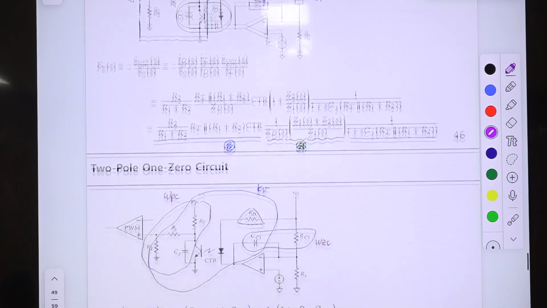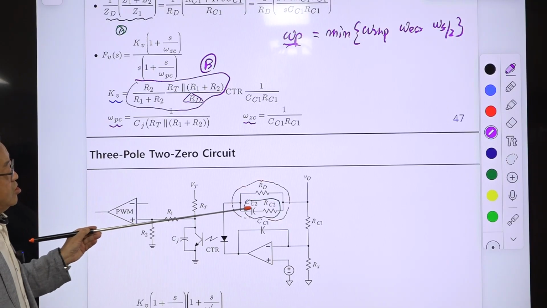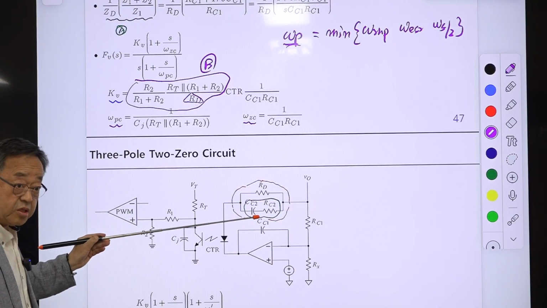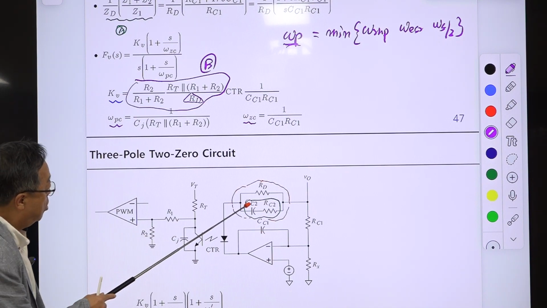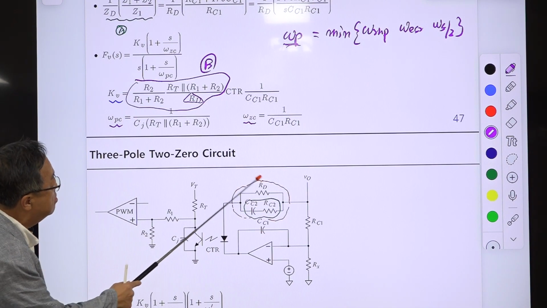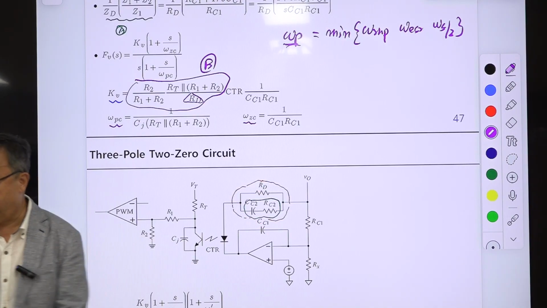So from this structure, there is a zero determined by this product, and there should be a pole determined by the product of this, plus this one and this one. You can easily verify that.